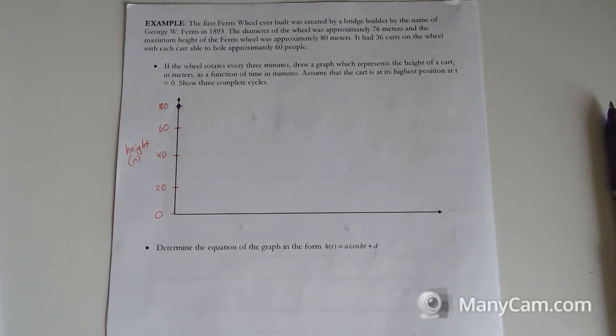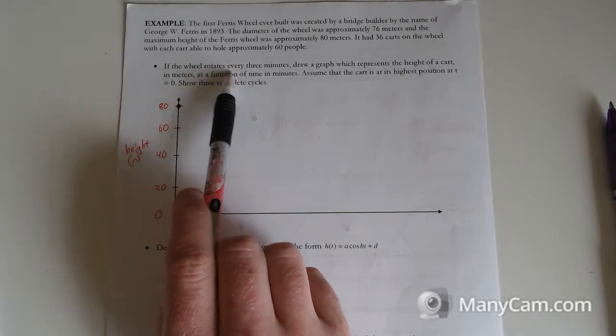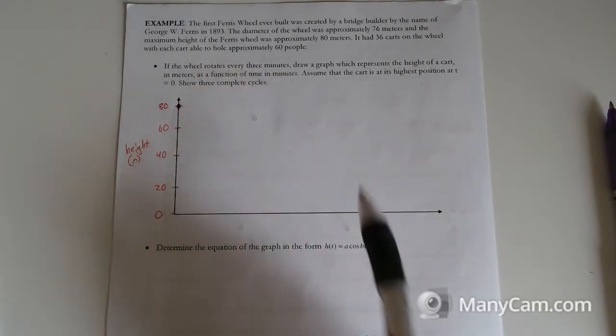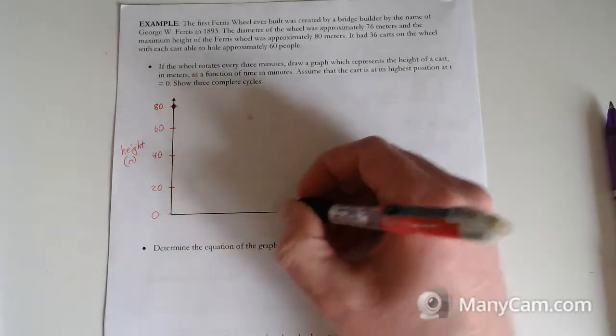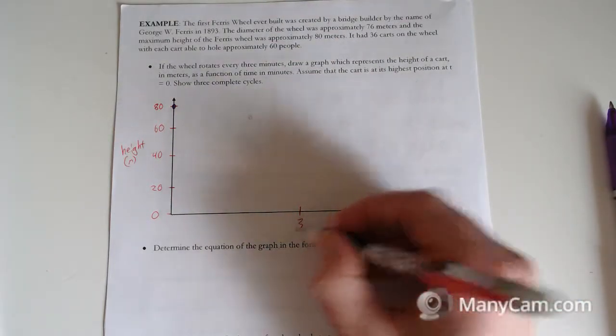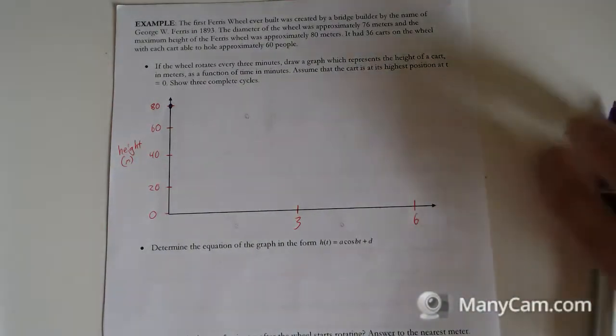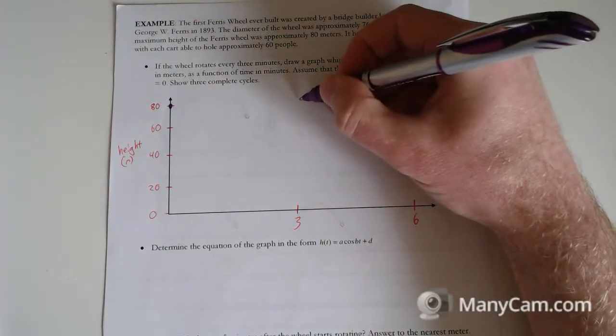Where does it actually say that? If the wheel rotates every 3 minutes, then after 3 minutes, maybe we'll do 2 rotations on here. After 3 minutes, it's back up to the top.